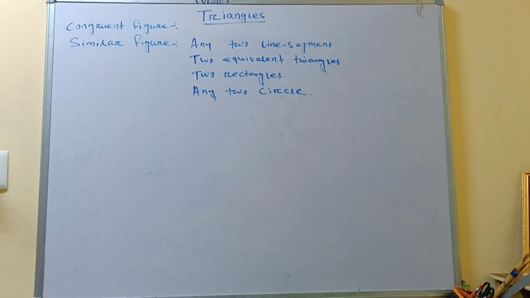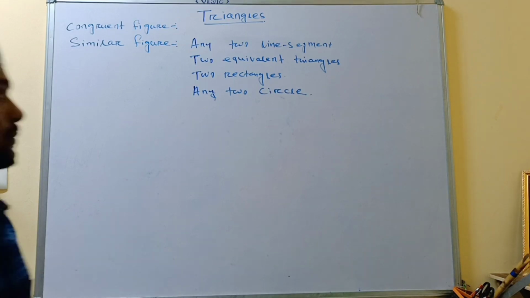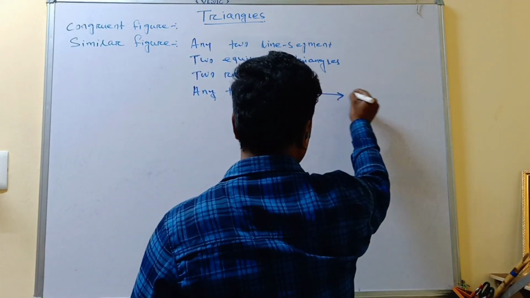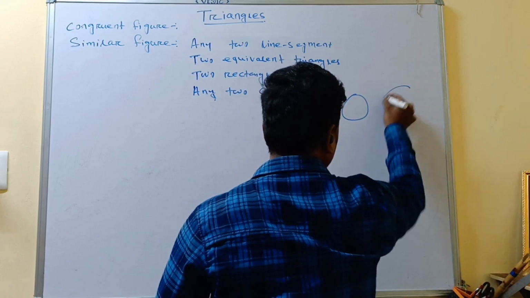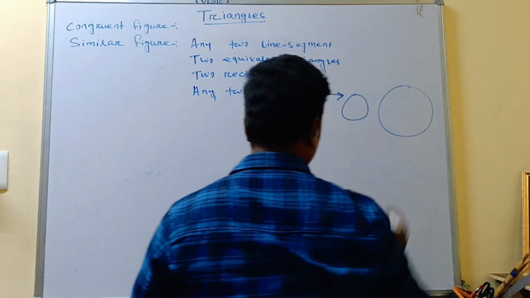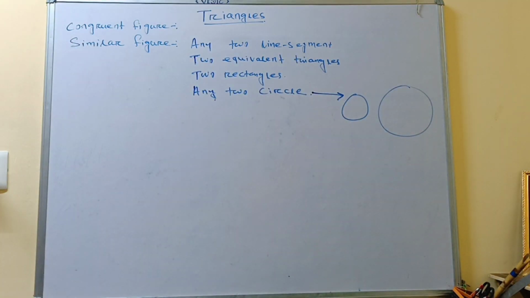What is the difference between similar and congruent? Two circles are similar if they have same shape. Suppose I will discuss for circle. This is a circle and this is a bigger circle. These two circles are similar but they are not congruent.